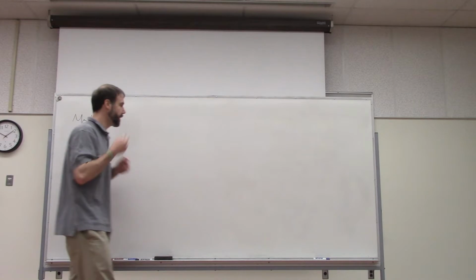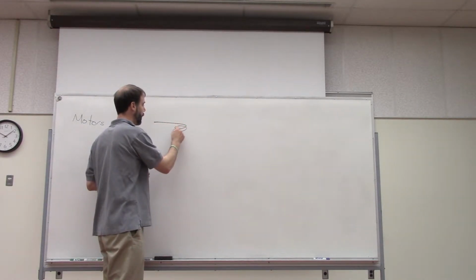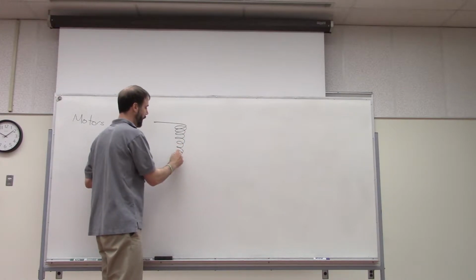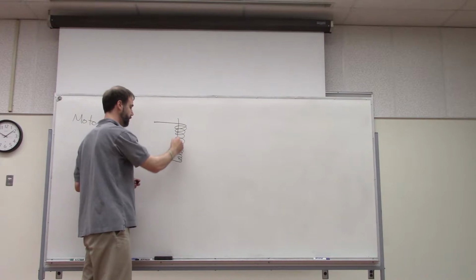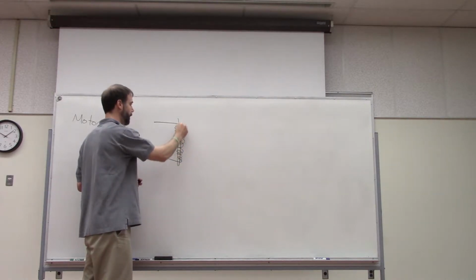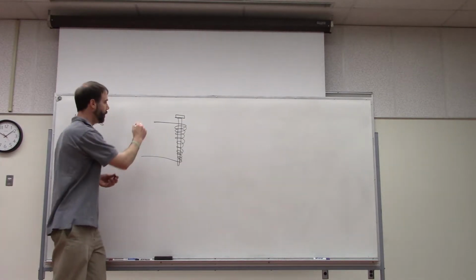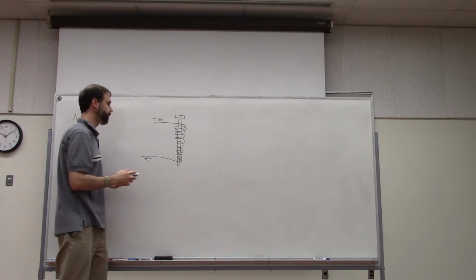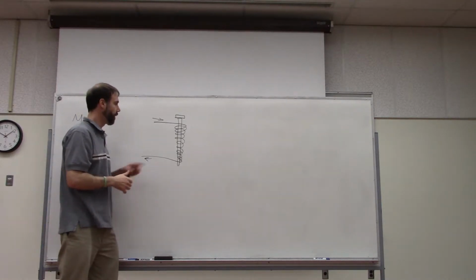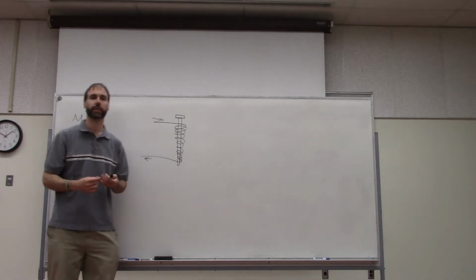What happens is that if you take a coil of wire and you wrap it around a piece of metal, like a big nail or something like that, and then you pass a current through this wire, that makes this nail into a magnet, okay?